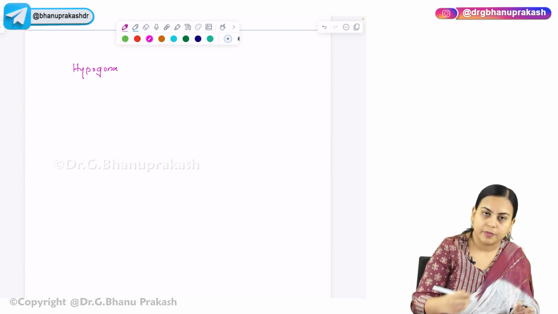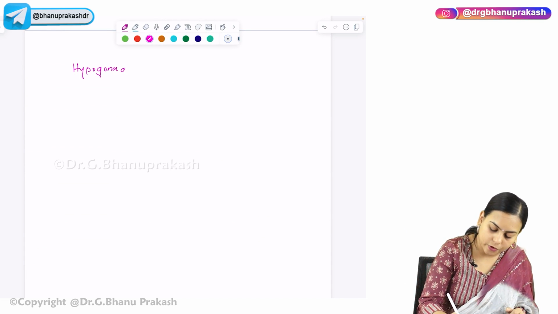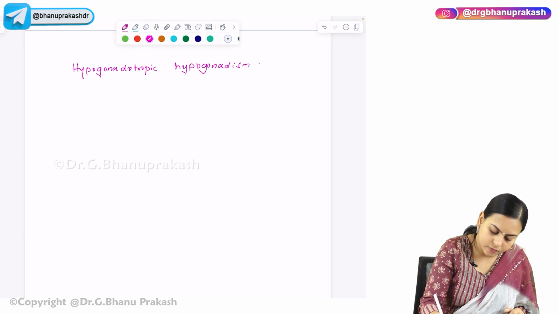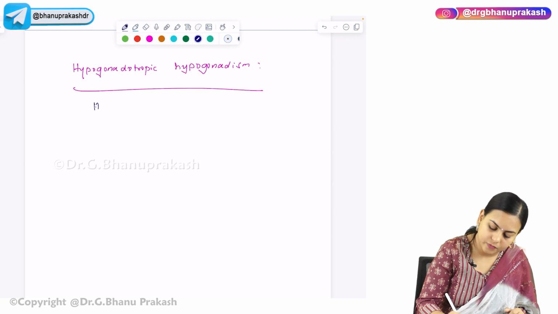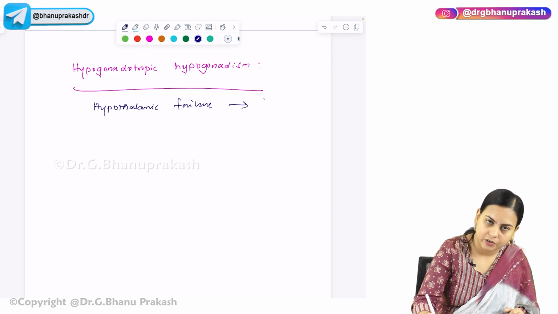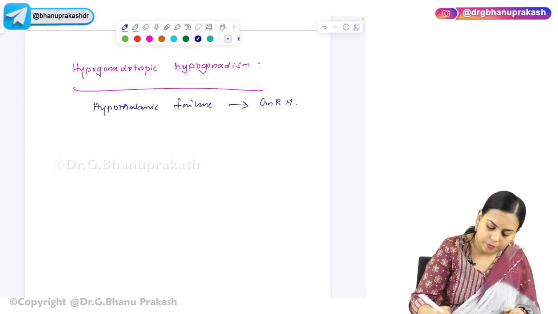And the next one is, let's see the biggest scenarios. Hypogonadotropic hypogonadism. Suppose if there is hypothalamic failure, what will you supplement? Gonadotropin releasing hormone.